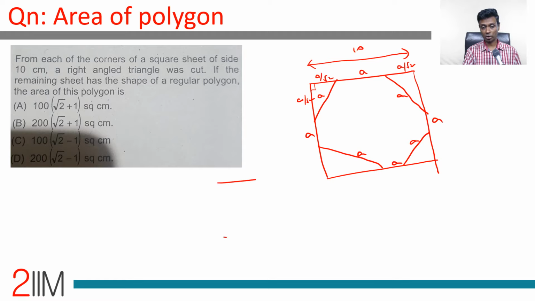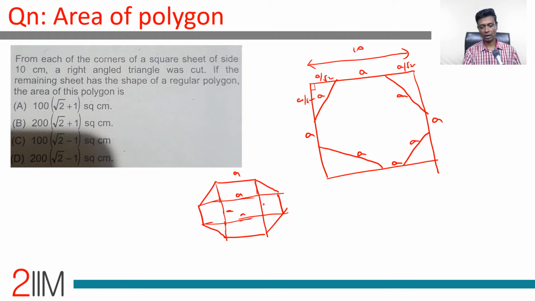Now that I know it's an octagon, I'm going to draw a more reasonable looking octagon and then imagine that area very clearly. Fine. So let's join this, join this, join this, join this. And so this is A. So this is a square.